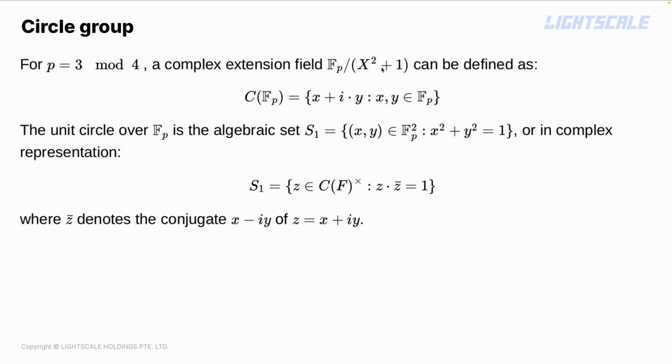That means that x squared plus 1 should not have any solutions. The unit circle over this is defined as x squared plus y squared equals 1, and this is the same as the conjugate multiplication of the complex z being equal to 1. The conjugate is just x minus iy of the complex z.